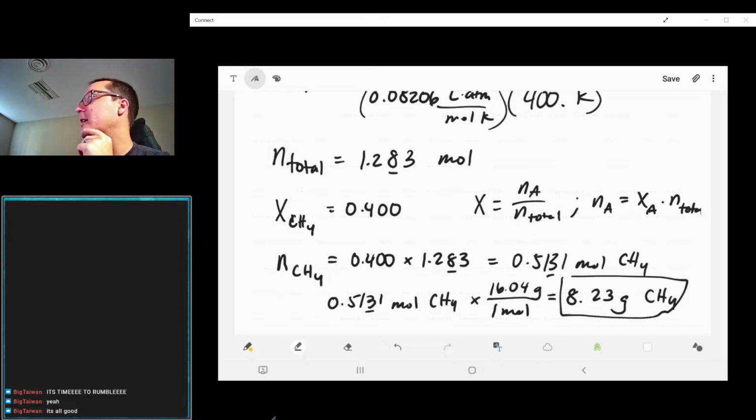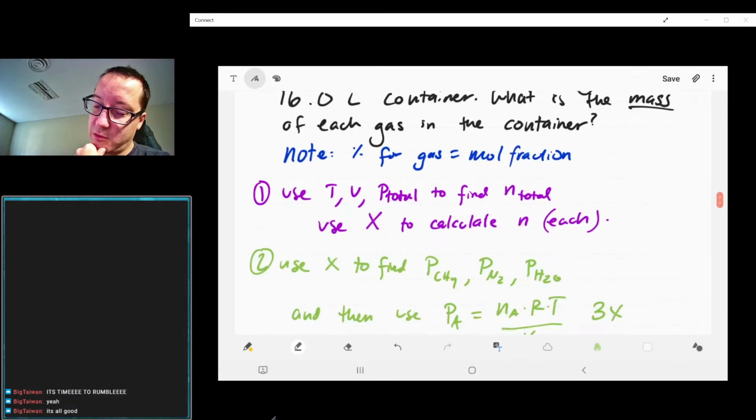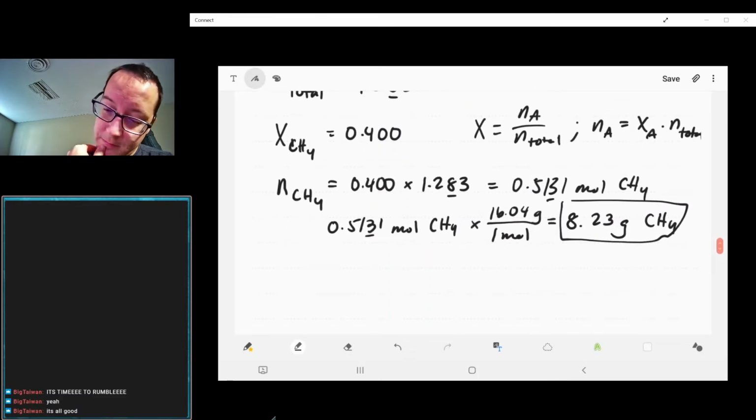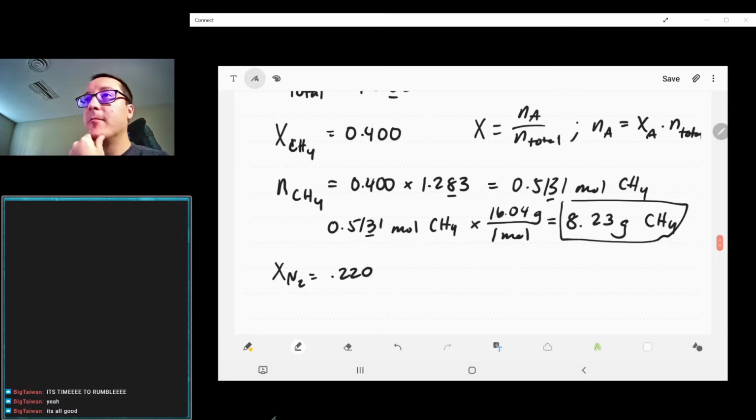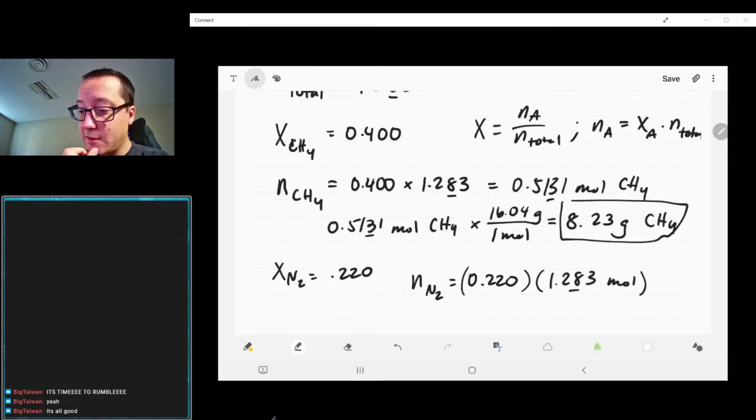Alrighty then, if there are no questions on that, let's take a look at the other two gases. So we had, I don't even remember, 22 for nitrogen. And so therefore the moles of nitrogen would be 0.22 times 1.283. That's the total moles that we calculated using the ideal gas law.